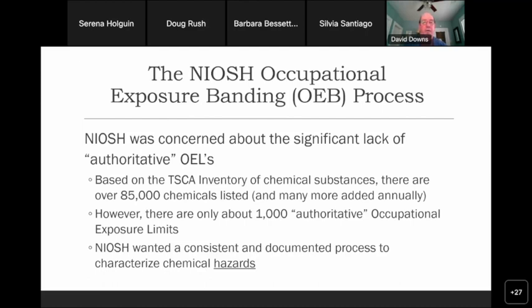And by authoritative, I think what they're talking about here is they've been reviewed in a systematic manner, such as was being done by NIOSH, for example, in coming up with the recommended exposure limits that they have, but also the other organizations like ACGIH that have a process and controls in place to ensure that the process is being followed to develop their TLVs.